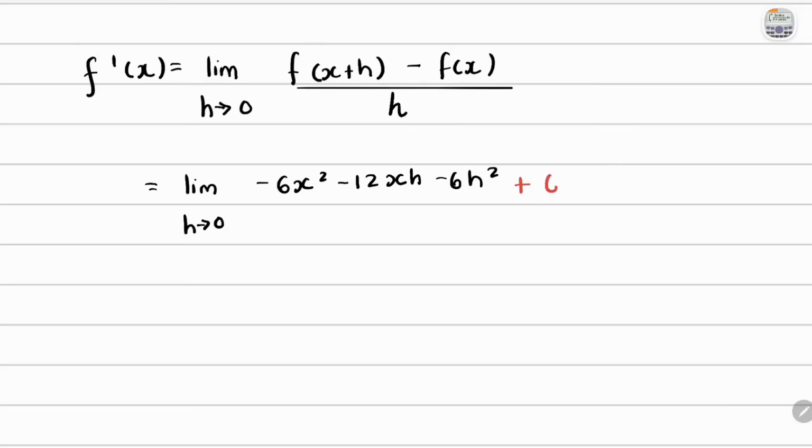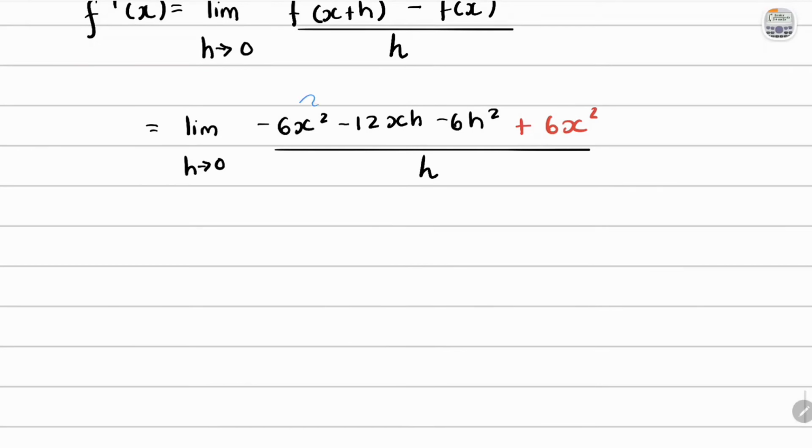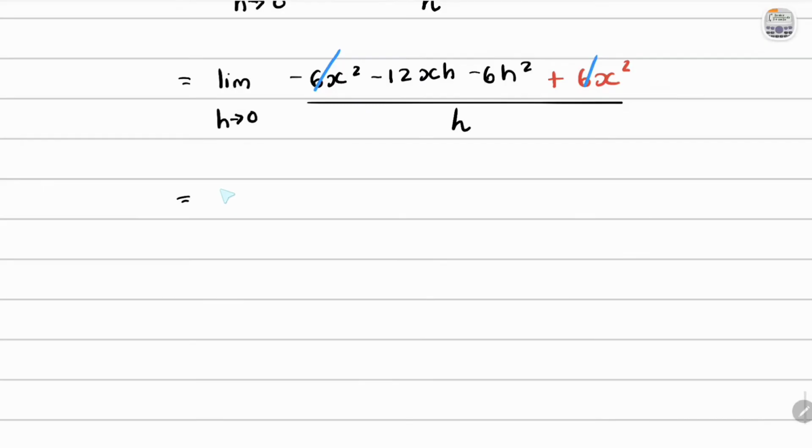So we can say + 6x² all over h. Okay, so immediately whatever you were subtracting is what will cancel. So these two cancel, and we can just rewrite what we're left with. So this is the limit as h approaches 0, and we have (-12xh - 6h²) all over h.